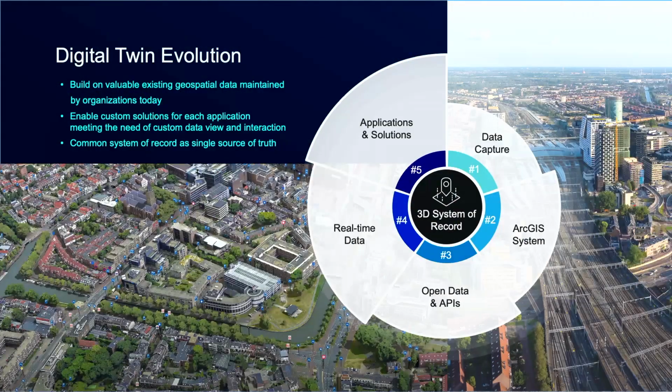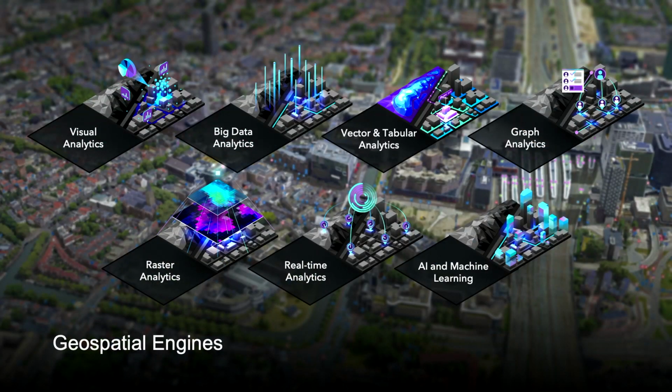And maybe a nice thing, going back to this one here, is that the ArcGIS system is an ecosystem of purpose-built geospatial engines, right? And this enables you to capture and manage data, integrate real-time information, automate and predict outcomes, perform end-to-end analysis. So when you read through this, it's really an essential piece of a digital twin.